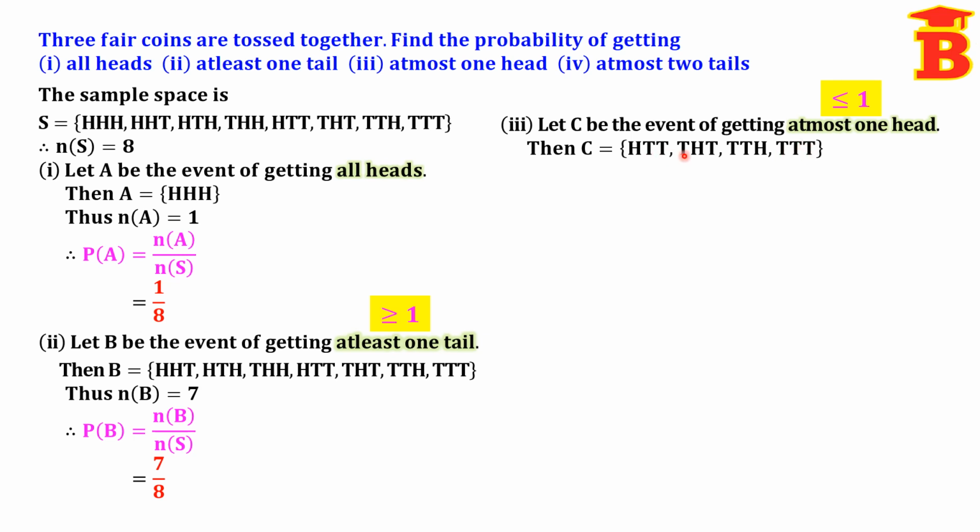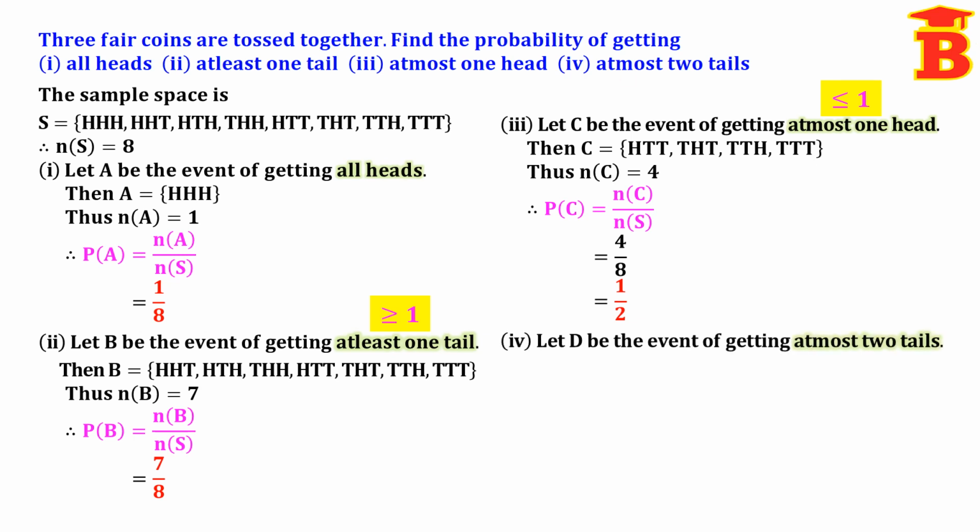So this is less than or equal to one head possibilities. Count and write n of C equal to 4. Now using the formula P of C equal to n of C divided by n of S. Substitute the values. n of C is 4 divided by n of S is 8. 4 by 8, cancel by 4, we get the answer 1 by 2.